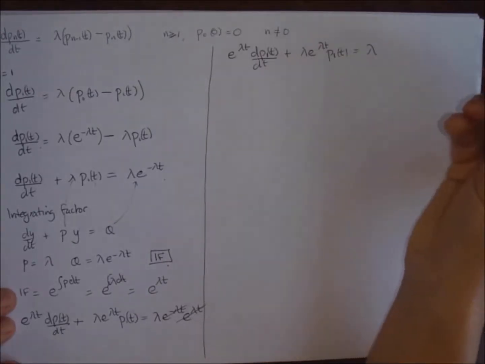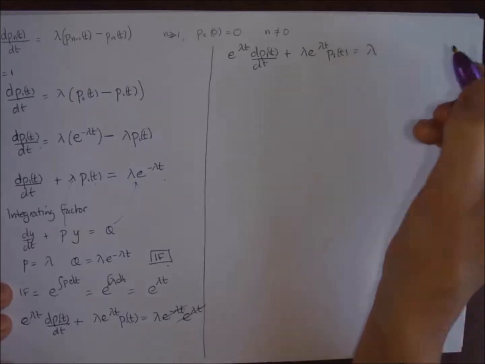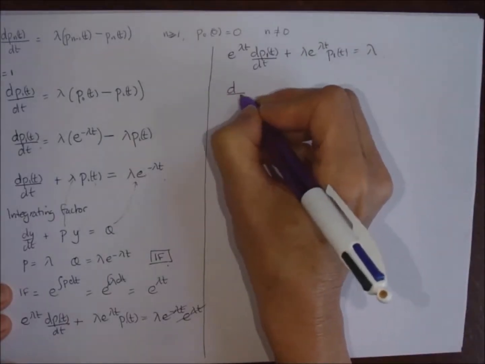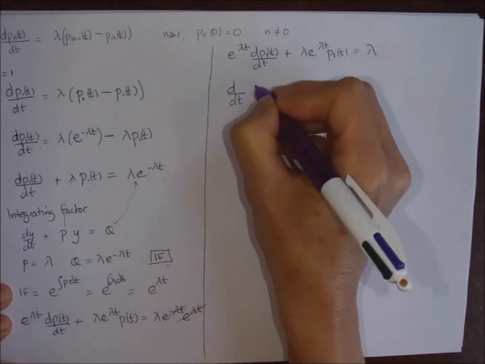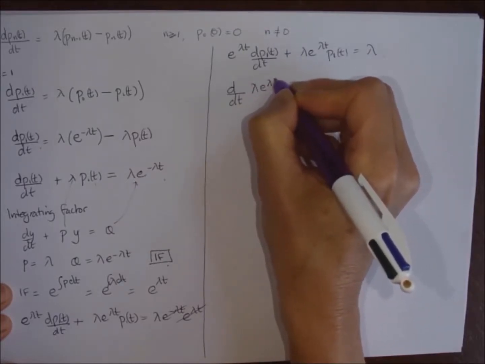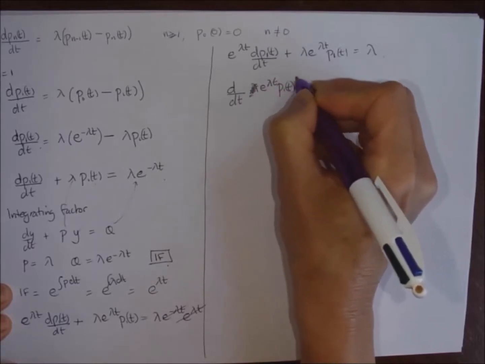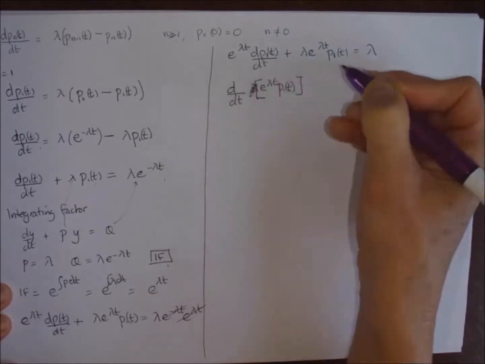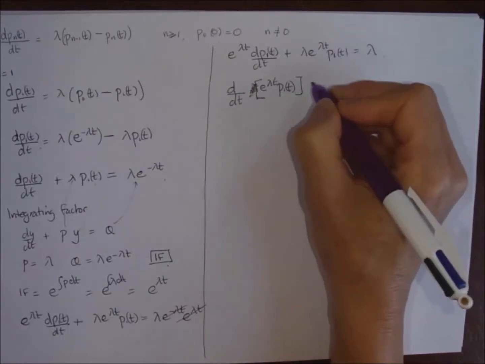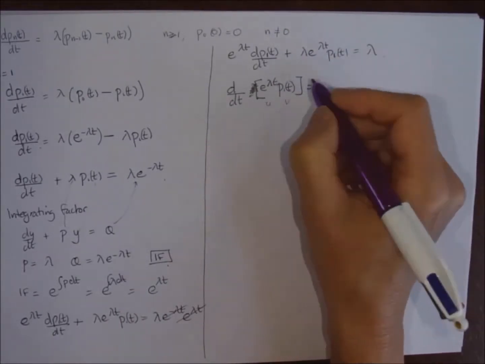Right, so now we're going to use the idea of implicit differentiation. Basically if I was to differentiate e to the lambda t p1 of t with respect to t, this is like u and v in a product rule.